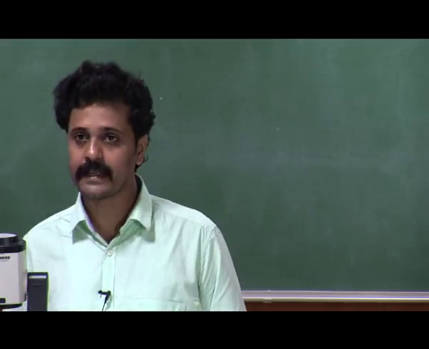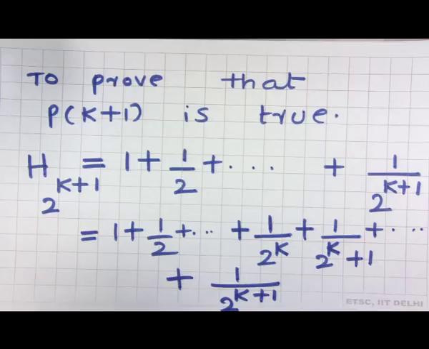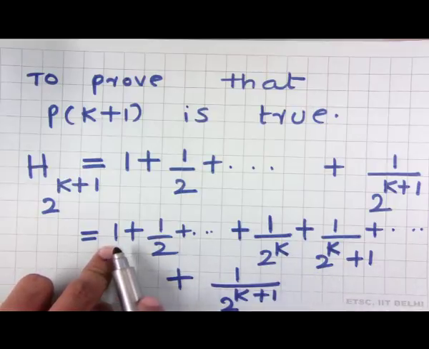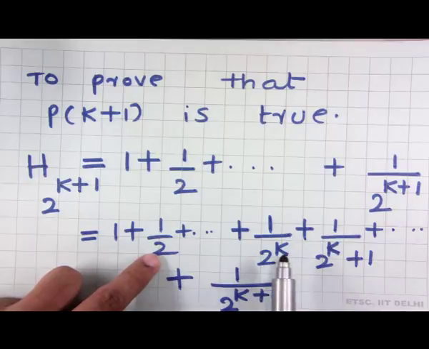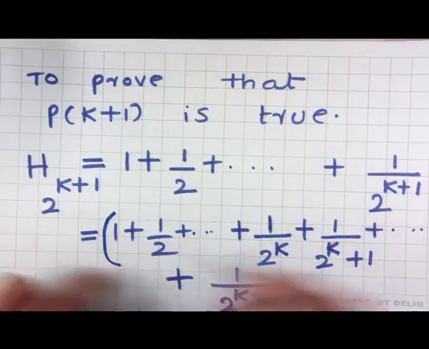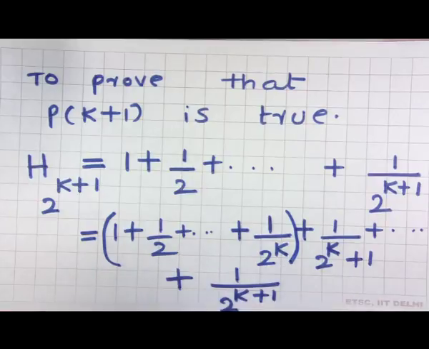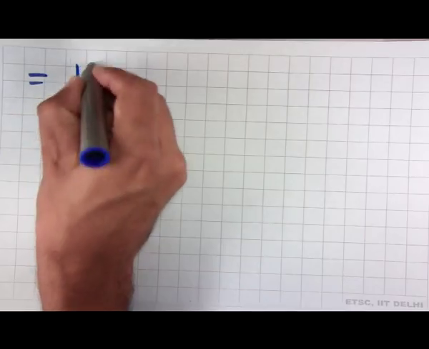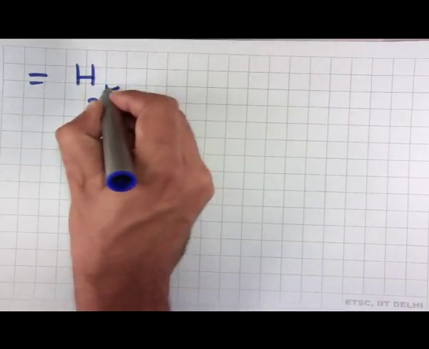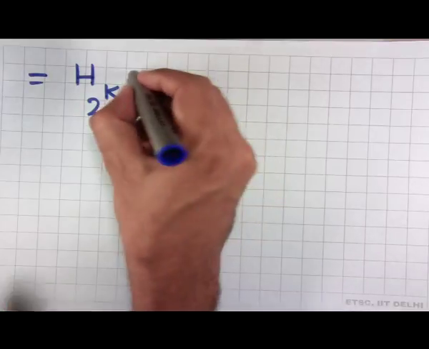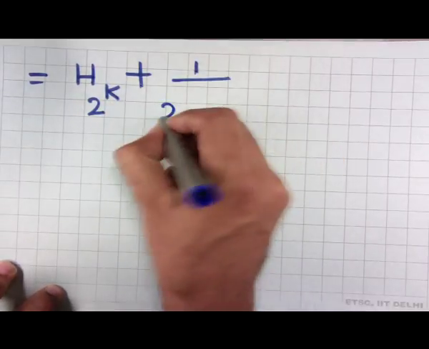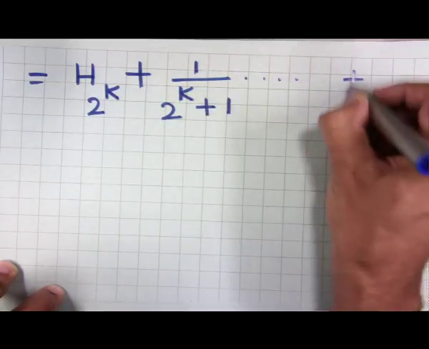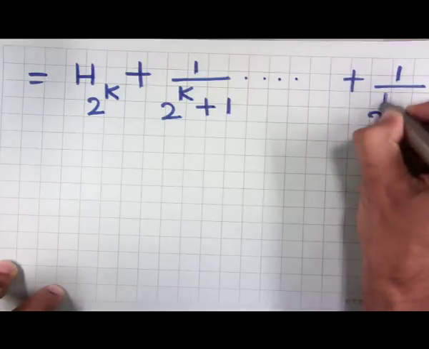Once you expand this sum in this manner, you can see that the first 2 power k terms, namely 1 plus 1 by 2 plus etc. plus 1 by 2 power k, is H 2 power k. This is equal to H 2 power k, the 2 power kth harmonic number, plus the remaining terms, let me write explicitly, 1 by 2 power k plus 1, and so on, 1 by 2 power k plus 1.